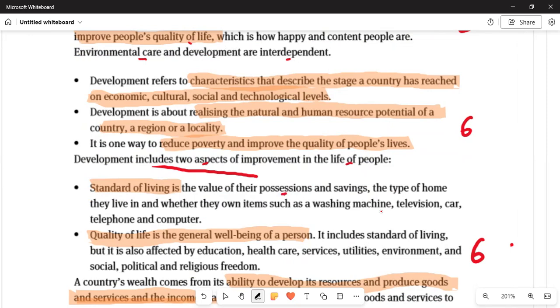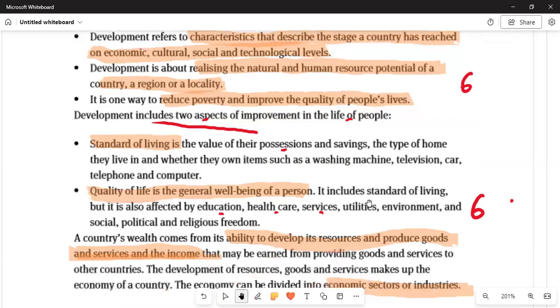Then the quality of life is the general well-being of a person, which may include the standard of living, but is also affected by education, healthcare services, utilities, environment, social and political religion, and freedom. Take note that you must name these 6 to get your 6 marks, and you also have to distinguish between these two aspects.